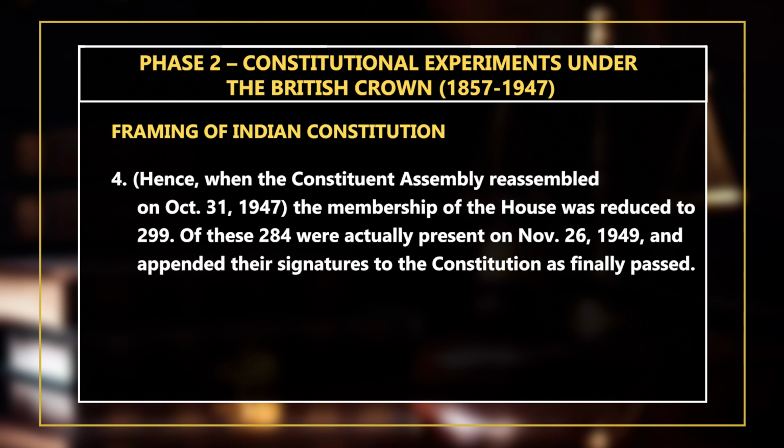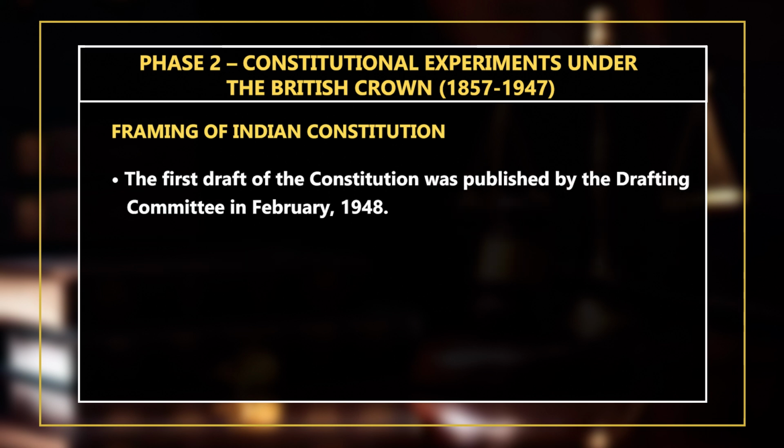Of these, 284 were actually present on November 26, 1949 and appended their signatures to the Constitution as finally passed. The first draft of the Constitution was published by the Drafting Committee in February 1948.